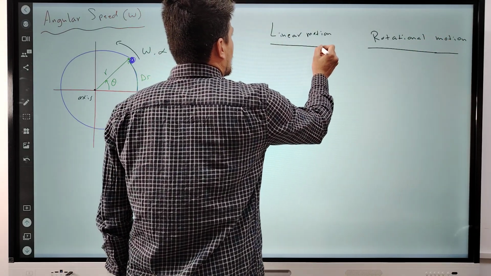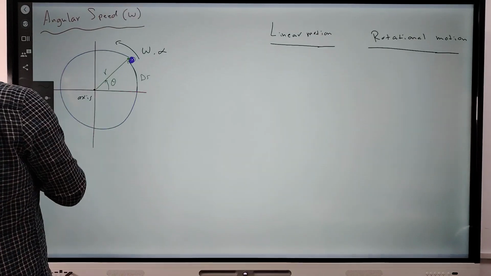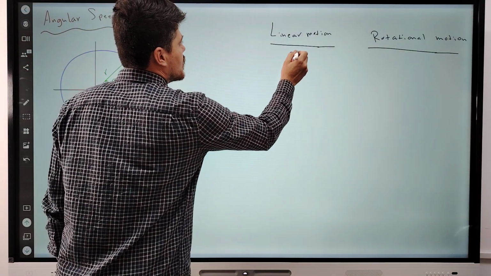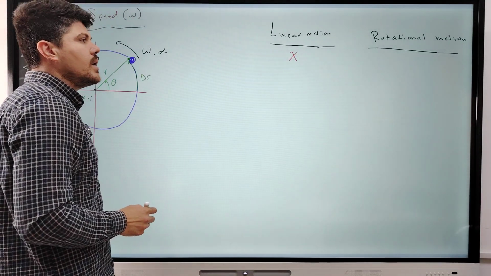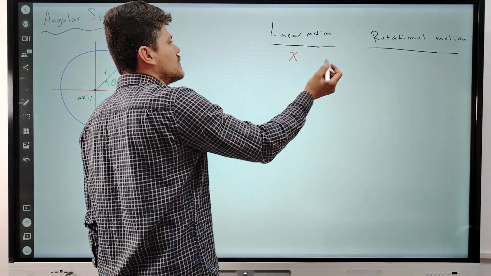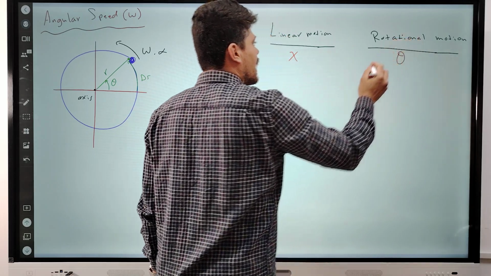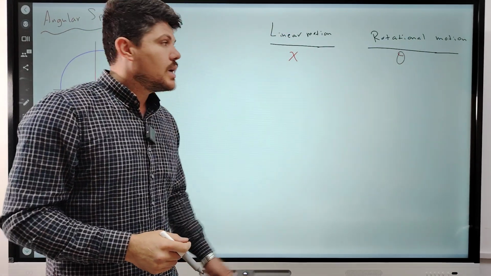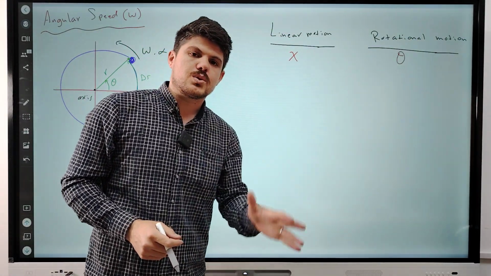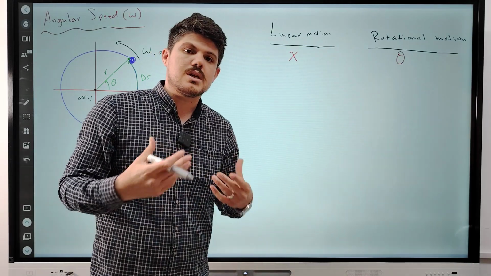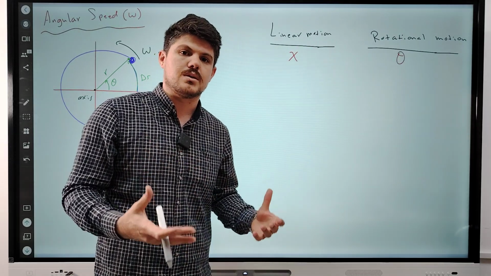So in linear motion we have what? We have displacement. But in rotational motion, instead of displacement, we have angular displacement. In linear motion that you have learned in grade 11, x represents the displacement and is measured in meters.